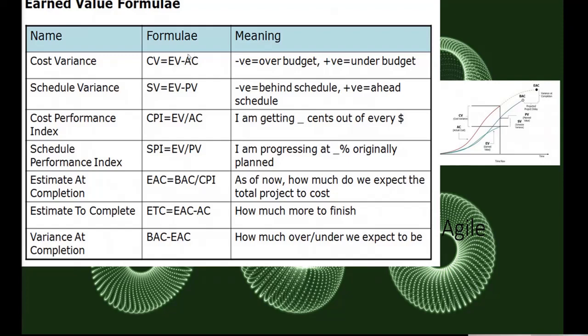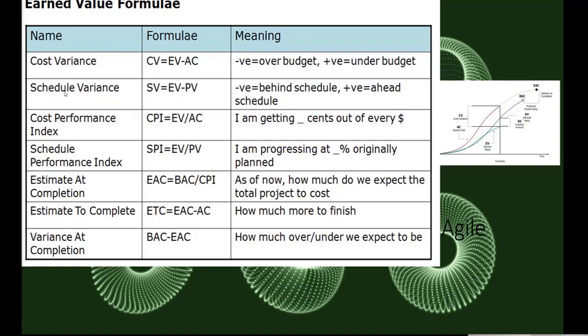For example, you spend $3 million, but you actually work $2 million. That means the result will be minus $1 million, right? So minus means over budget. That means you are spending more than what you have done. So minus is not good. Plus is good. Plus means you are earning more value than you are spending.